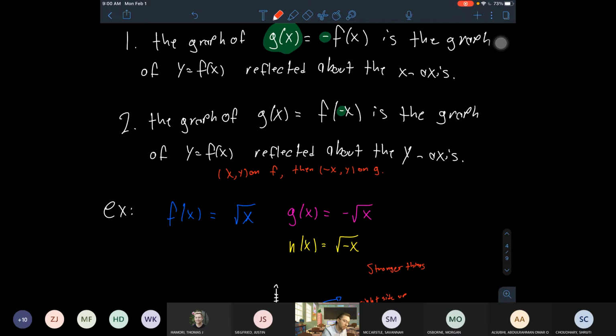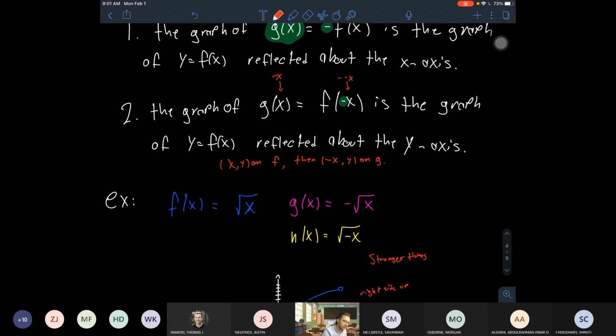We would plug negative x in here, and it would look like negative x. So the height of g at the point negative x is equal to the height of f at the point x. Hopefully that makes sense.